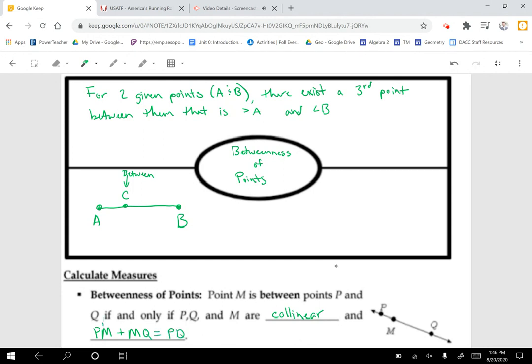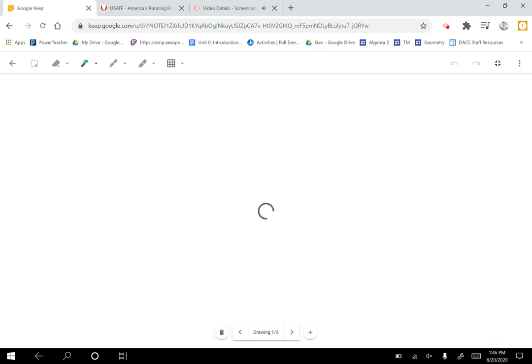So if we want to label this 1, 2, and 3, all that this is saying is that 1 plus 2 adds up in total to give us segment 3, which just as a definition is 100% true. So that's what we're looking for there. So all it is saying is that you can split a line, and if you add up the parts, it'll be the same thing as the whole. Okay.